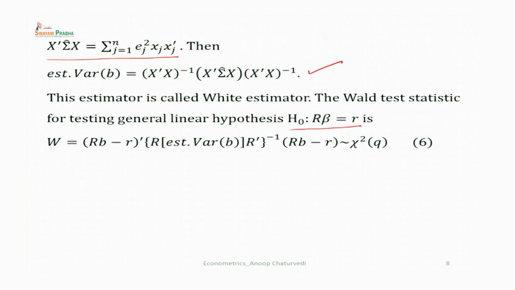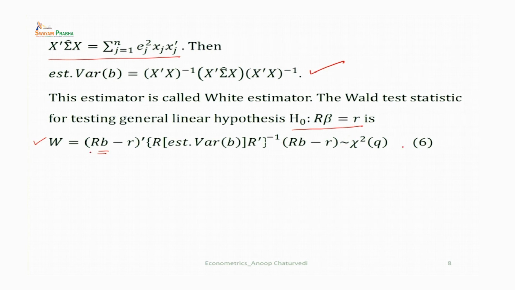So, instead of using the earlier statistic which we have derived for the model with homoscedastic disturbances, one can use this statistic W, which is also based on the OLS estimator B, for testing the general linear hypothesis R beta equal to small r. And since this statistic follows a chi-square distribution, you can easily form the critical region for testing this hypothesis.